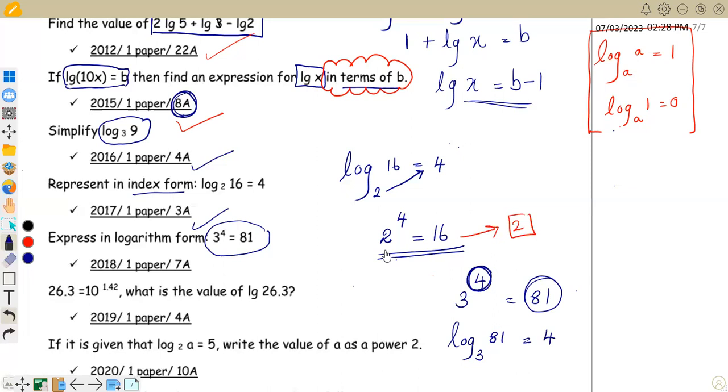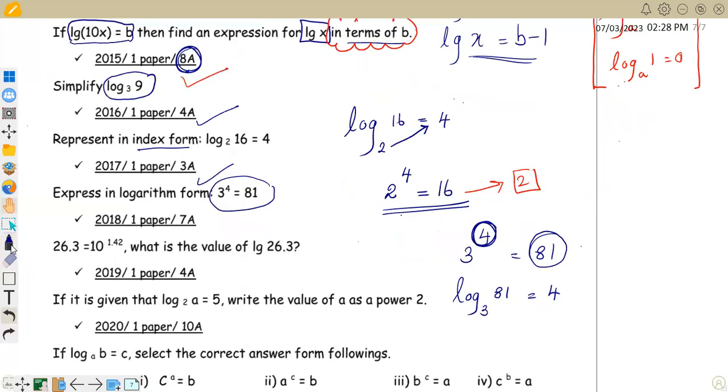The answer of the log form equals the index of the index form. Always remember it. This is also 2 marks. Actually, the 2 questions in 2017 and 2018 are very easy.